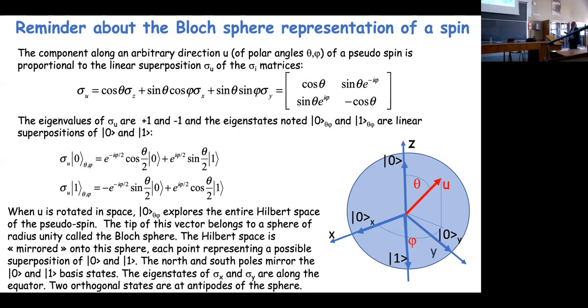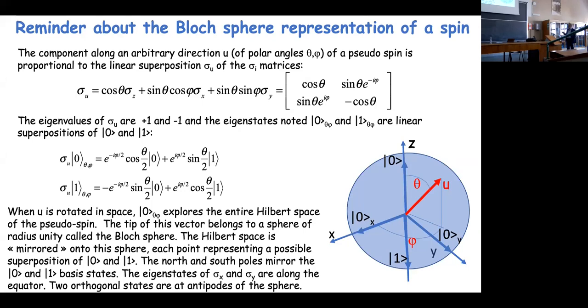The state plus along the z-axis, we call 0, and the state minus along the z-axis, we call 1 in the quantum information language. And the linear superposition of 0 and 1 with equal weights lies on the equator of the Bloch sphere.